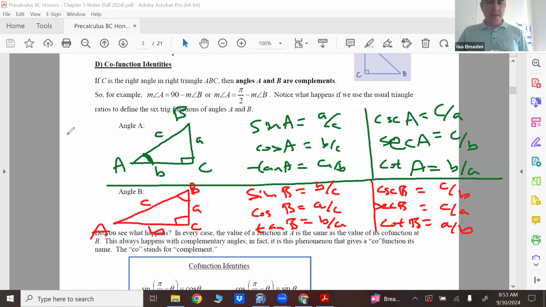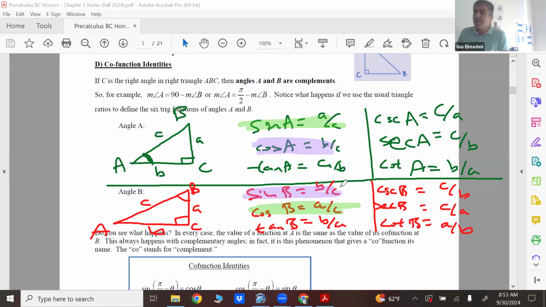Now I'm going to get a highlighter here. Notice how this is the same as this, right? That should make sense because what do A and B add up to? 90. So the sine of an angle will equal the cosine of its complement, as it should. Those are the same ratios, right? You see that? Let's use a different highlighter, purple. That is the same as that, right? We see that.